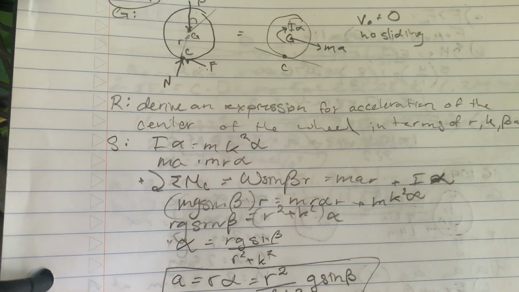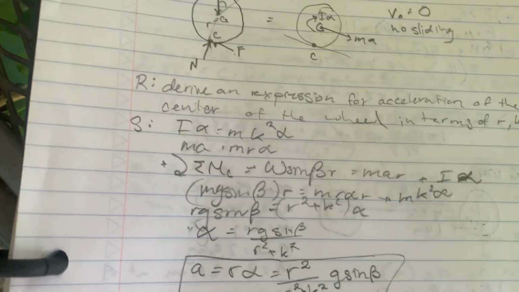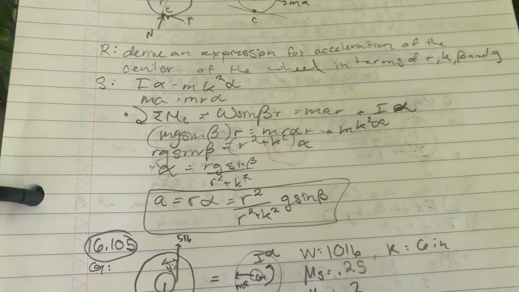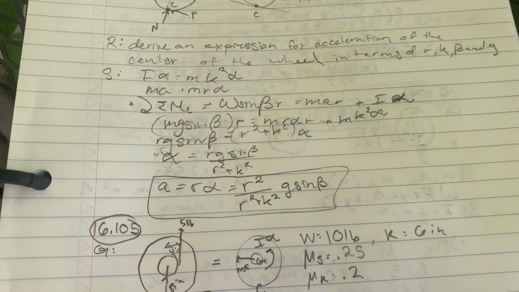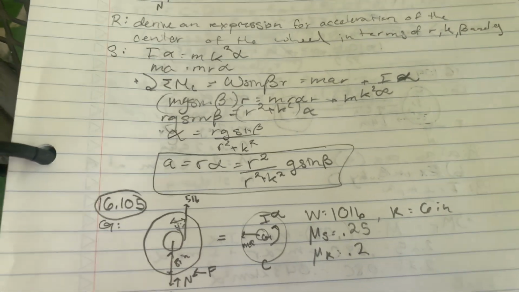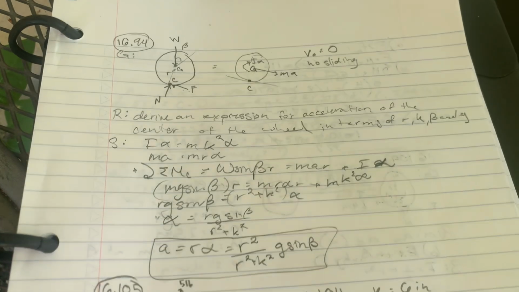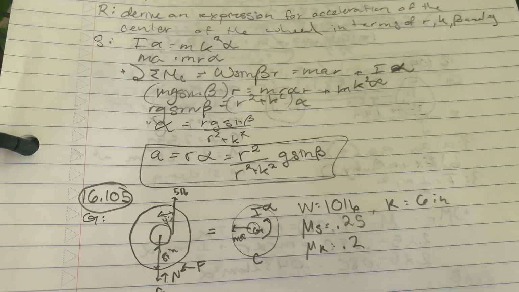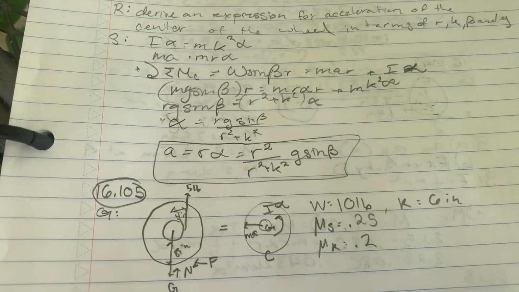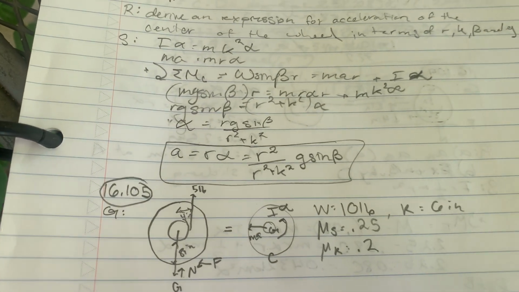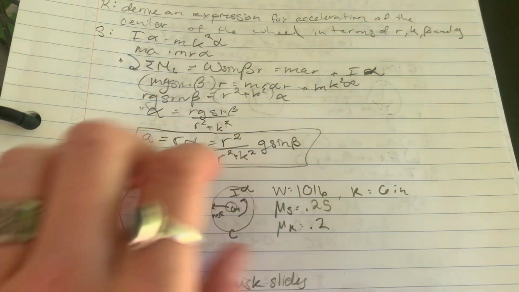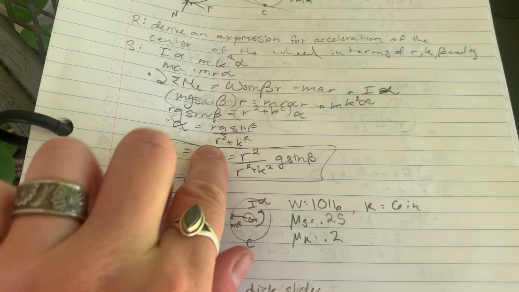We do I alpha equals m k squared times alpha, which can be simplified, and then you take the sum of the moments about C, with clockwise being positive, plug in all of those numbers from the free body diagram, and get that a equals r alpha, or sorry, acceleration equals radius times angular acceleration, and get this general equation. So I guess you can kind of ignore this part.